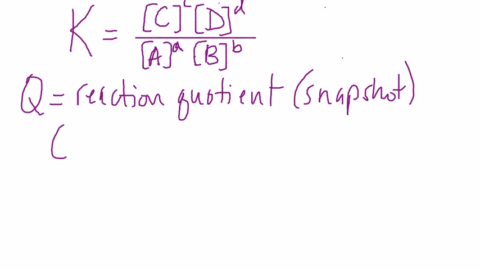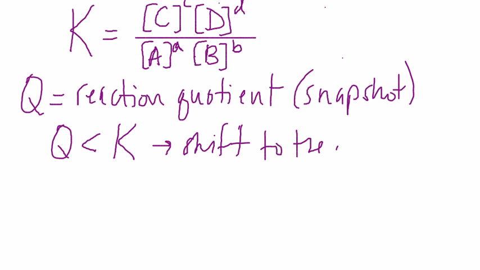So if Q, the reaction quotient, is less than K, what that means is the reaction needs to shift to the right to produce more products.